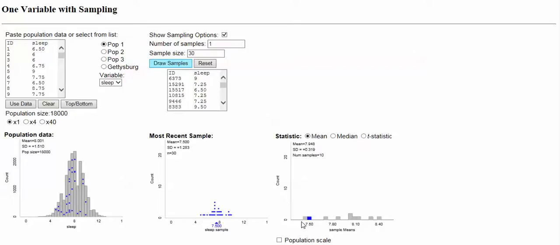That's why the sample has a lower sample mean that actually falls below the population mean of 8 hours. So here I have a sample with a sample mean that underestimates the population mean, because the sample mean is lower than the population mean. The sample mean is 7.5, the population mean is 8.